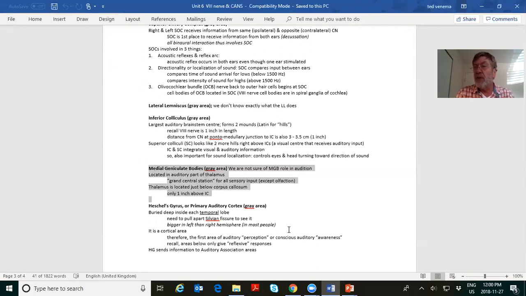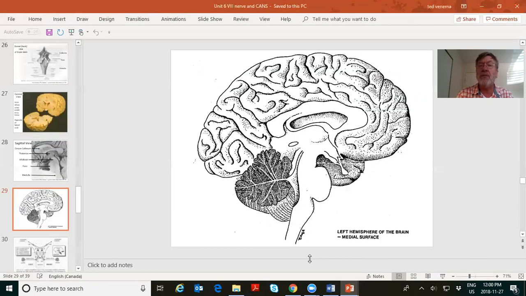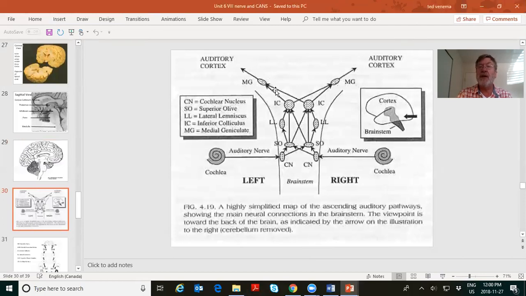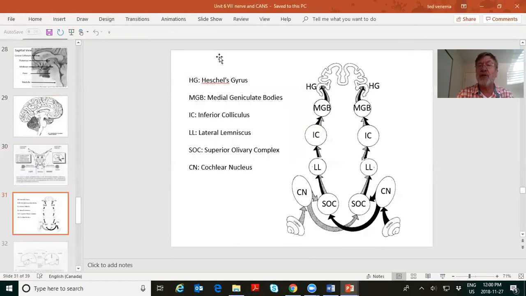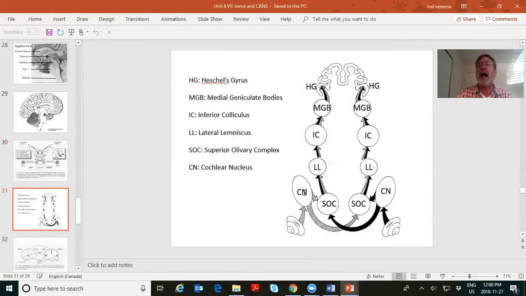But there's your general overview or review of the central nervous system located in the brain stem and thalamus. If you're looking at it in our picture here, this would be the medial geniculate bodies in the thalamus. And from here, we radiate out toward the auditory cortex, also known as Heschl's gyrus. So here's a schematic of the brain stem and the thalamus, and we just draw a wee little brain on the top, but actually it's way out of scale.